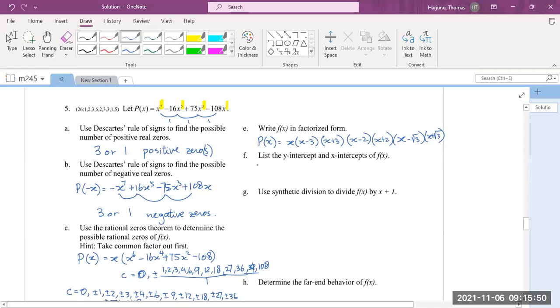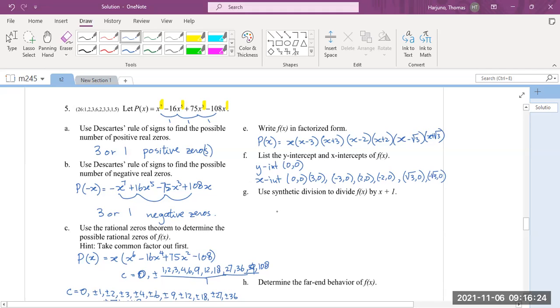Find the y-intercept. The y-intercept is, of course, when x equals 0, y is 0. The x-intercepts will be 0, 0; 3, 0; negative 3, 0; 2, 0; negative 2, 0; radical 3, 0; negative radical 3, 0.